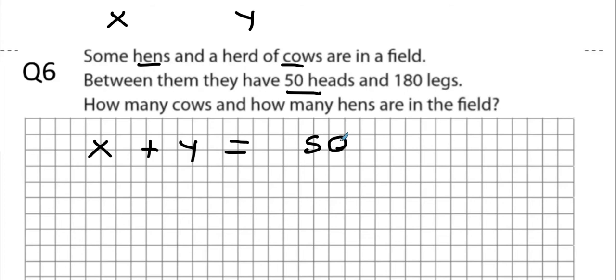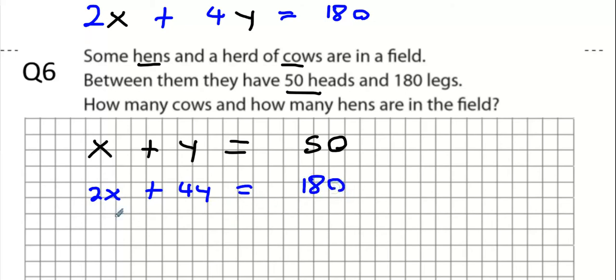Now leg-wise, every chicken will have 2 legs, plus every cow should have 4 legs. 2 multiplied by the amount of chickens gives you how many chicken legs you have. 4 multiplied by the number of cows gives you how many cow legs you have, and that has to equal 180. So we get 2x plus 4y equals 180. Now what we're going to do first is get rid of some of the x values.